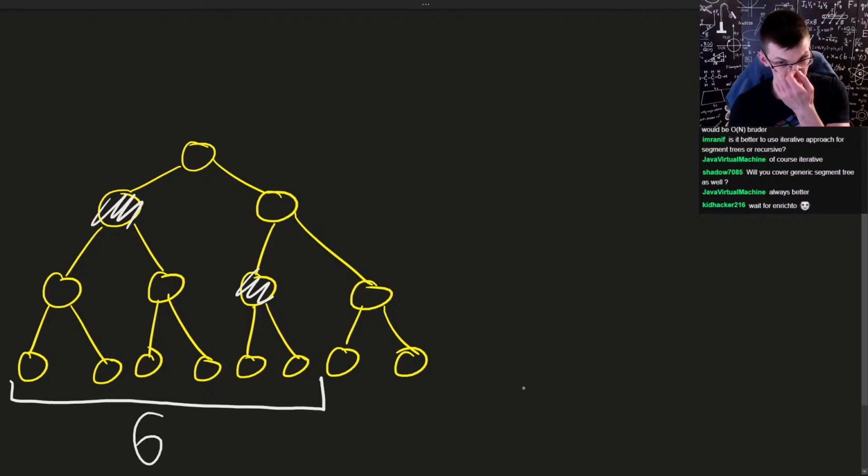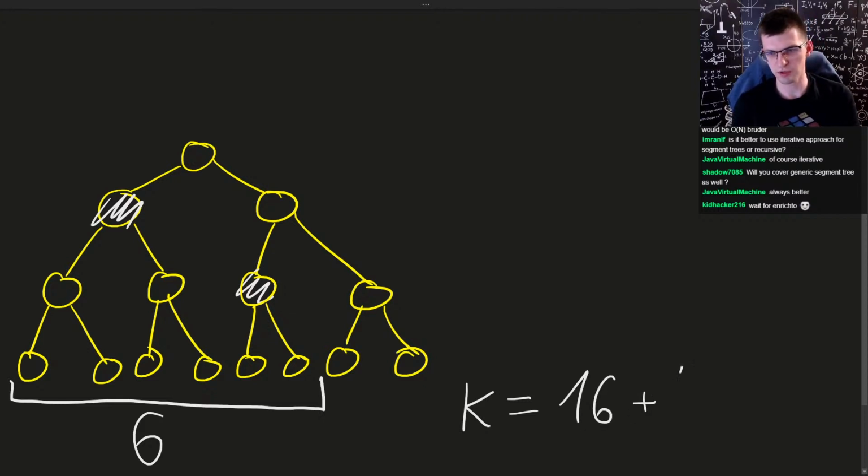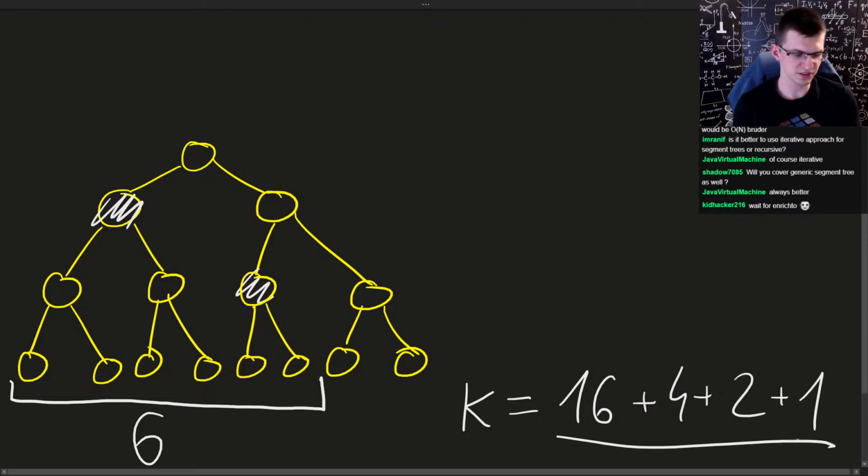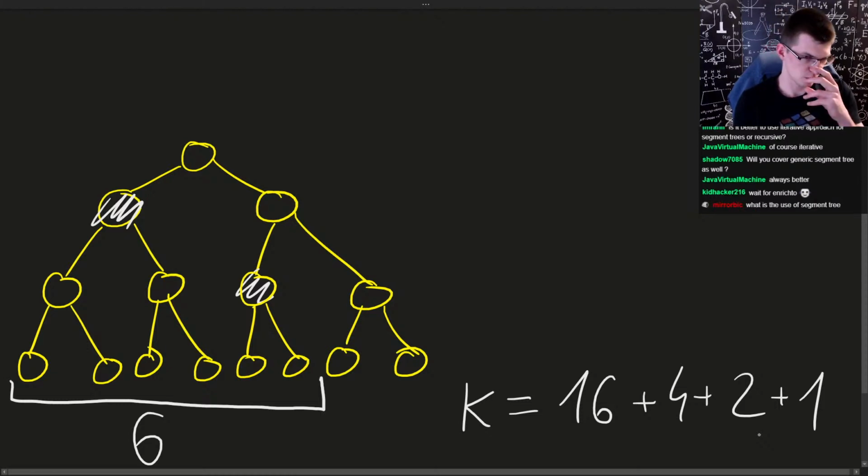And in general, if we need the sum of the first k elements, we should represent k as the sum of powers of 2. Maybe k is, in some case, 16 plus 4 plus 2 plus 1. This binary representation of k will tell us which vertices we need to take.